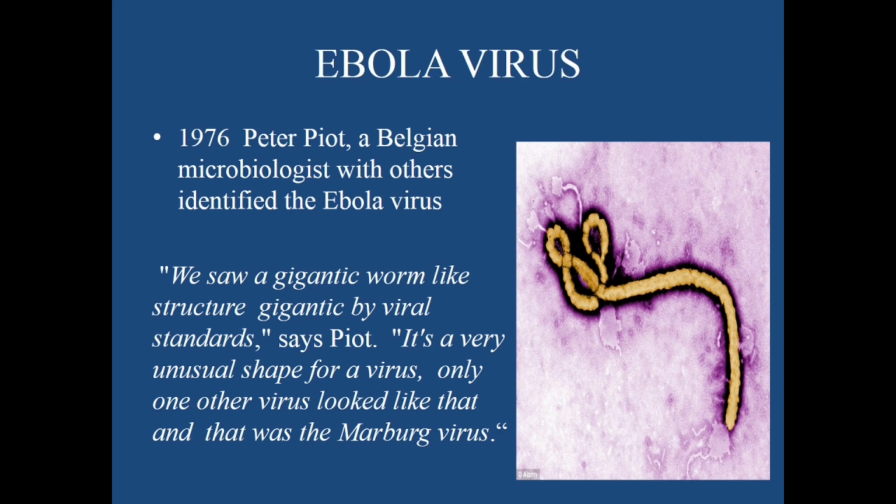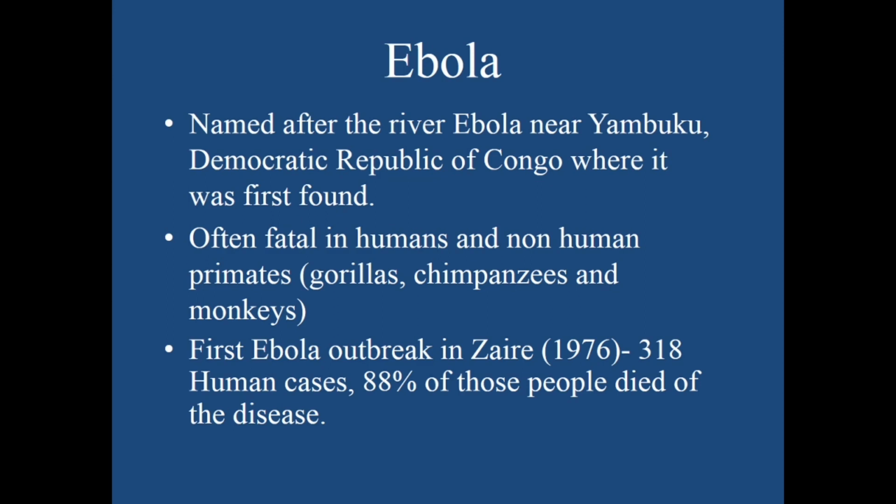He saw a very peculiar looking virus which looked like a gigantic worm, very similar to the Marburg virus. Later it was identified that it is different from the Marburg virus, and it was given the name Ebola virus. It was named after the river Ebola in the Democratic Republic of Congo, where it was first found.